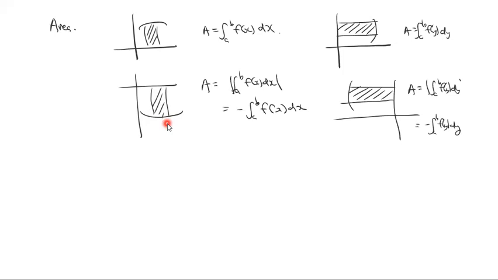Does that make sense? Okay. So that hopefully is fairly straightforward. If it's above or to the right, then it's positive. If it's below or to the left, then it's negative, and you need to adjust accordingly.